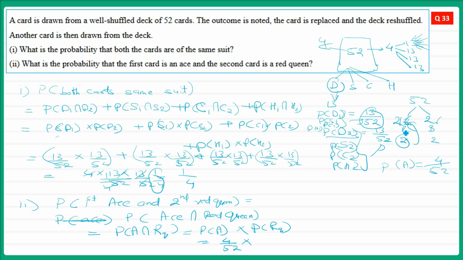There are 52 cards in all, so in all there are 2 red queens in 52 cards. So the probability of a red queen shall be 2 by 52. Write it here. And when you multiply this, you are going to get 1 by 338.